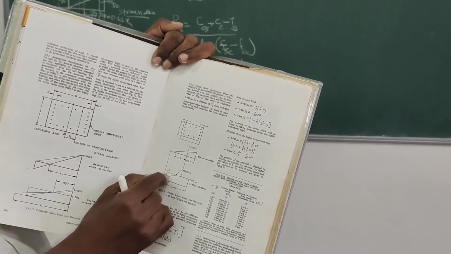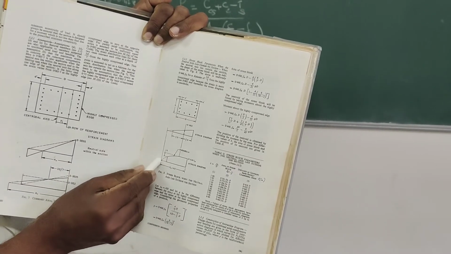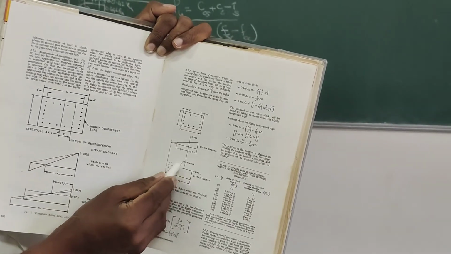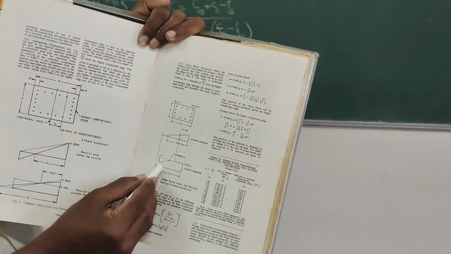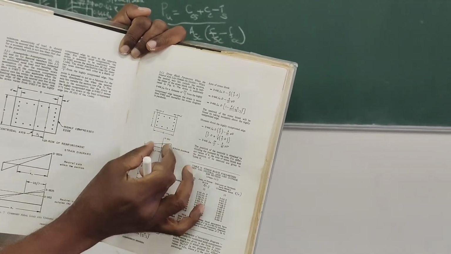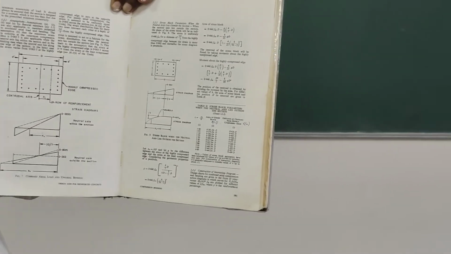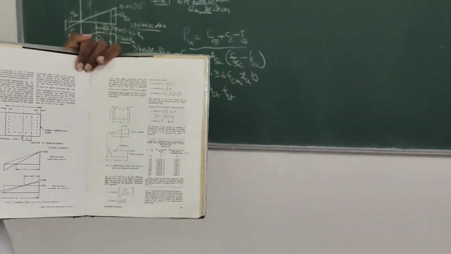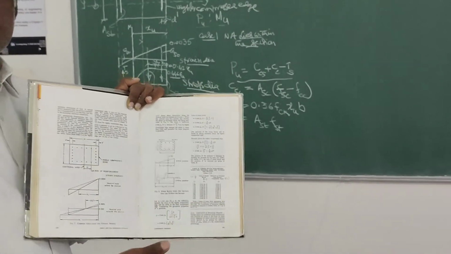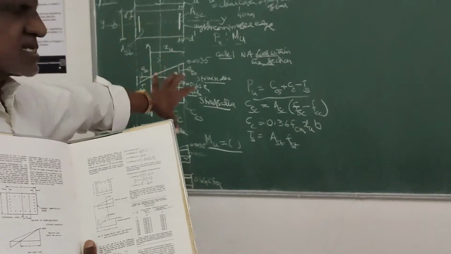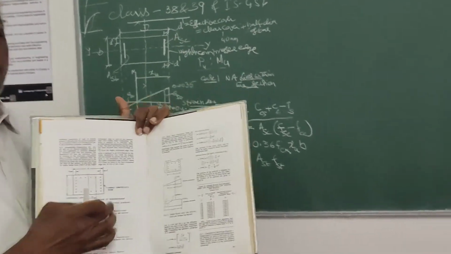Here he has not taken it up to here. I have drawn the stress diagram from here. You can see this point, this is the parabolic portion, then the straight portion. Whereas here he has shown only within this section the trapezoidal portion. This is exactly how the distribution of stresses and strain for the general case of axial load and bending in a column will occur.